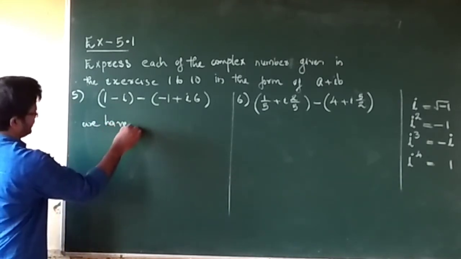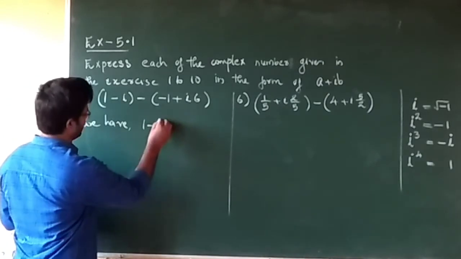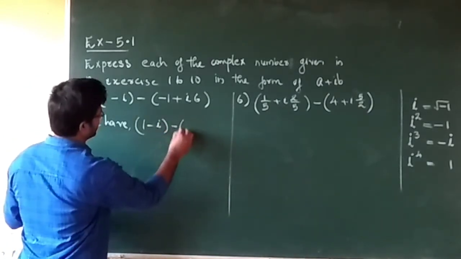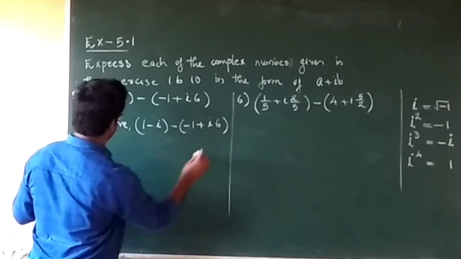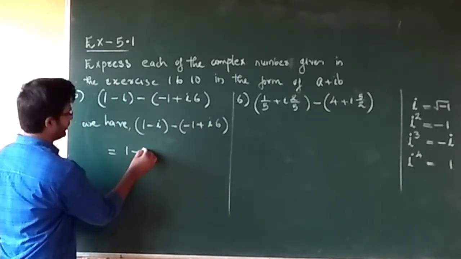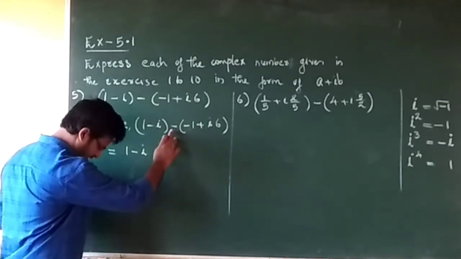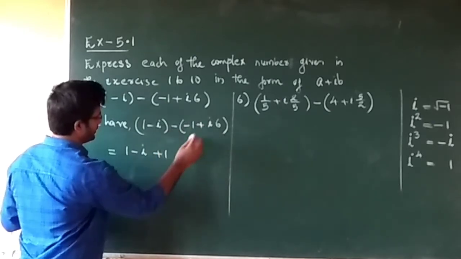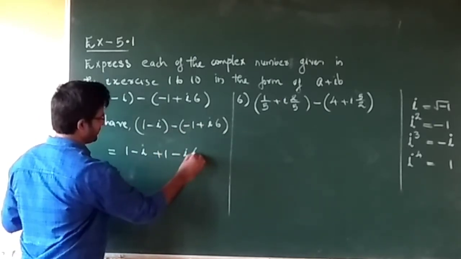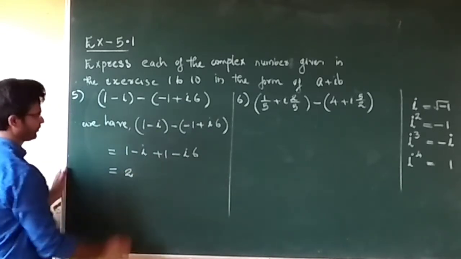Now we can see question number 5. Here the given complex number is 1 minus i minus 1 plus i6. 1 minus i, using the minus, just remove the bracket. Minus into minus plus 1, then minus into plus, minus i6. 1 plus 1, 2.